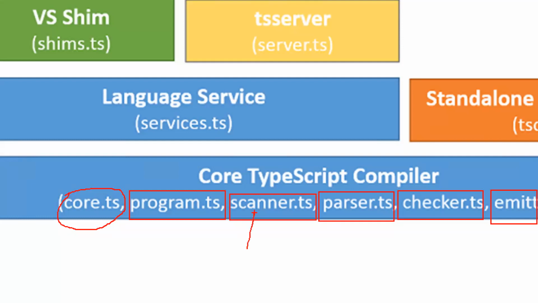If anybody asks what is the role of scanner in a compiler, it is responsible for handling input. In a programming language, input is managed by scanners. In TypeScript, input is managed by the scanner.